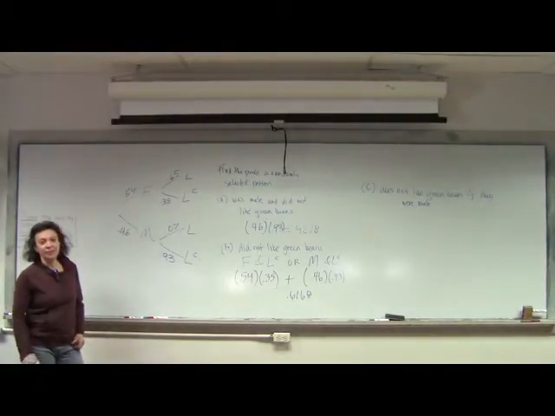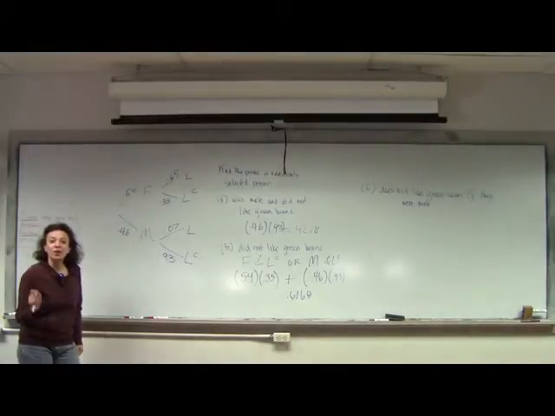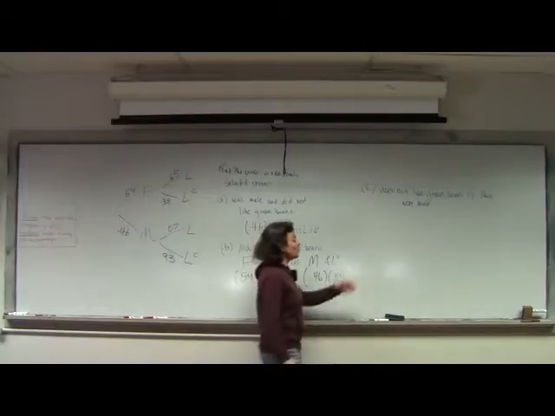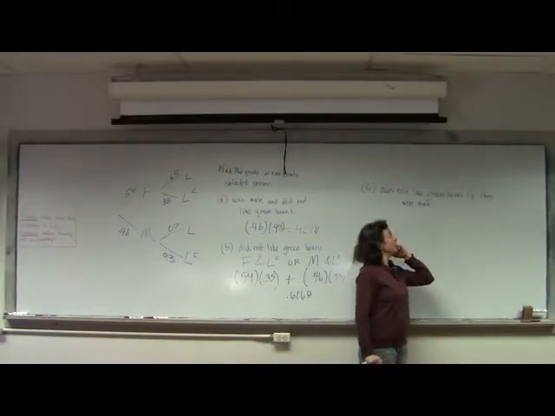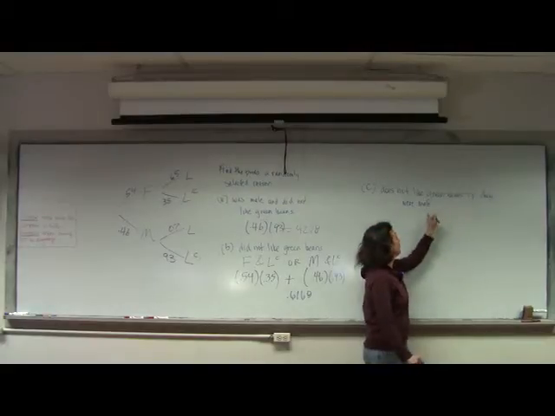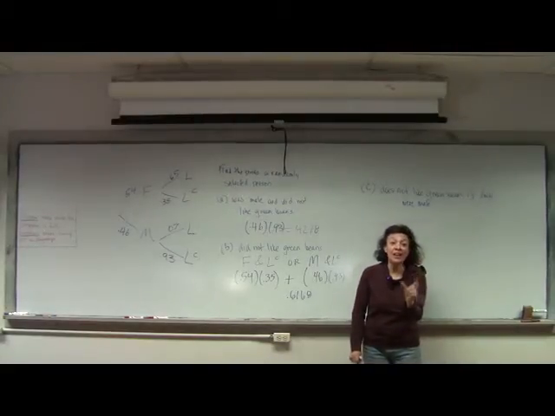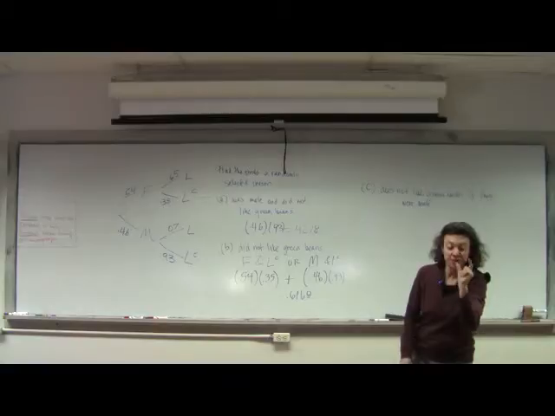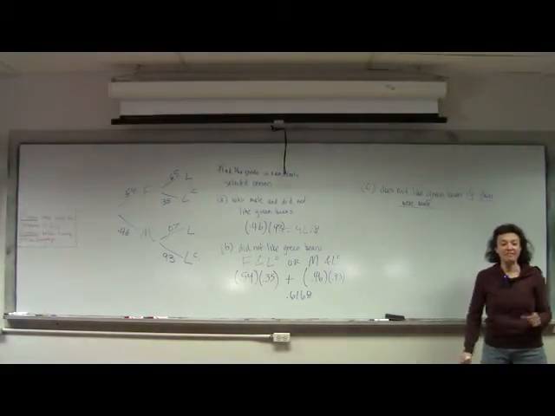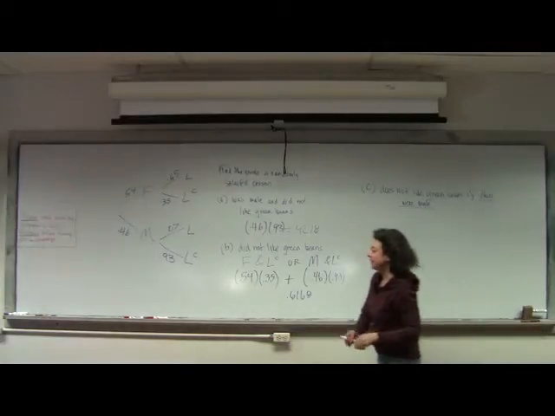I claim here we've got a key word, and our key word is if. Now what we want to do is find the probability that they do not like green beans if they are male. In other words, we reduce our sample space again down to whatever comes after the word if.